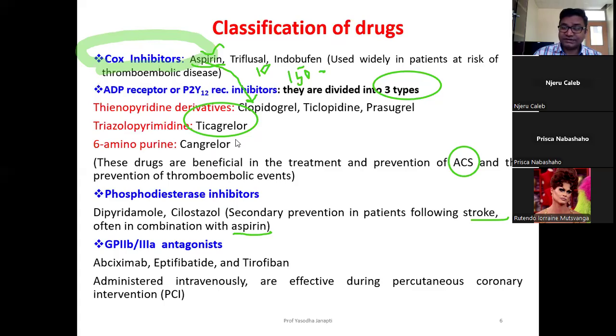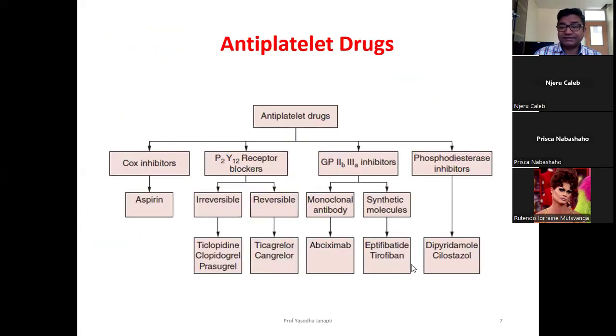You can see it here. I was telling you, GP2B3A inhibitors are monoclonal antibodies. For further classification, you can see it. COX inhibitor, aspirin.